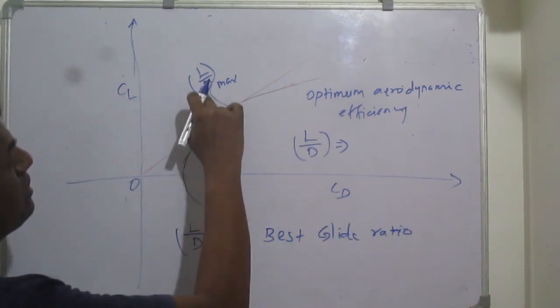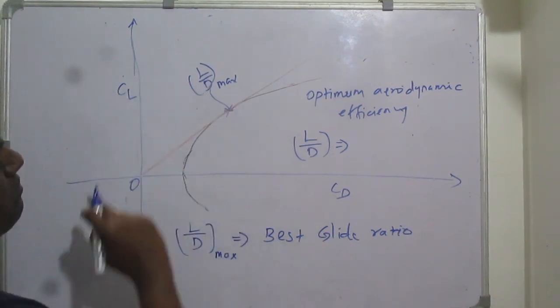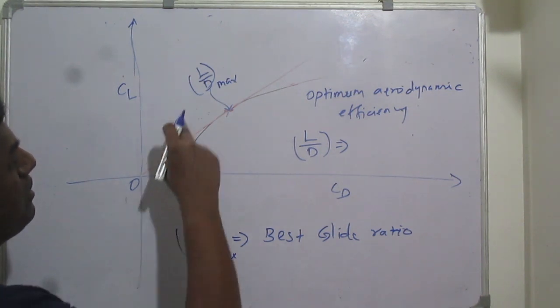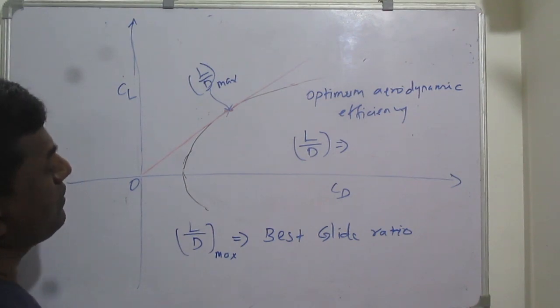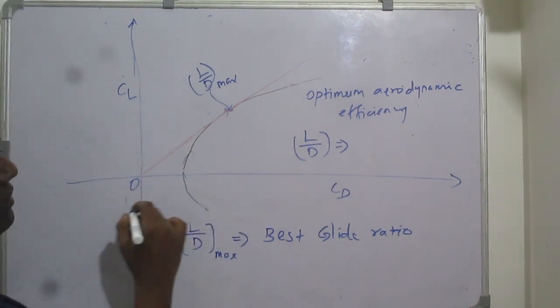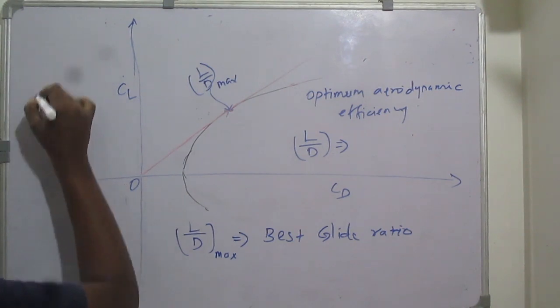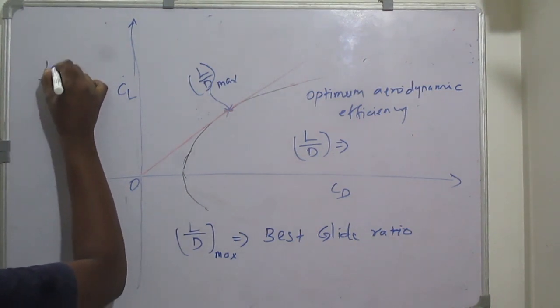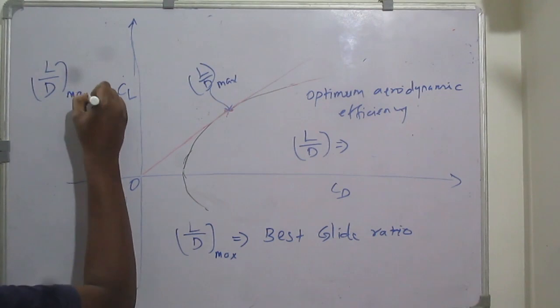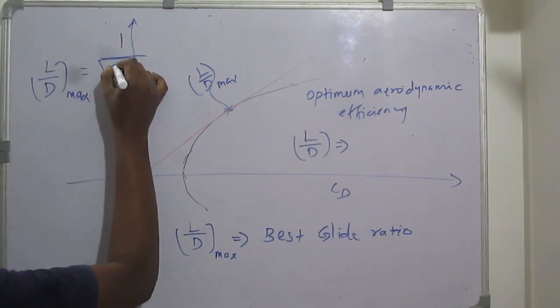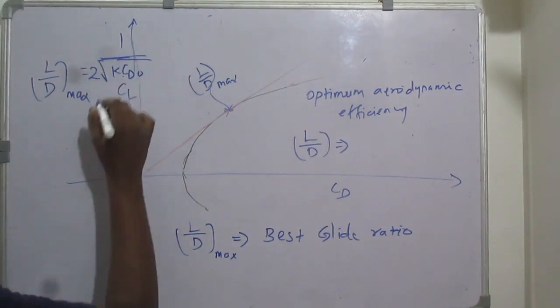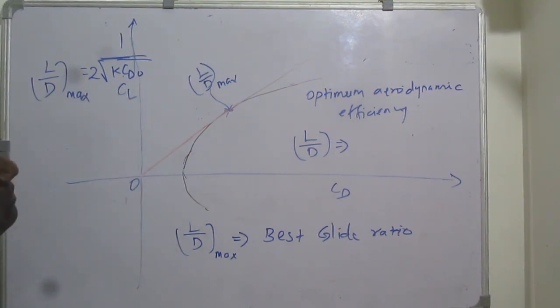This is how we achieve the maximum L by D ratio from the graph, and theoretically we have seen how to achieve the L by D ratio max. Based on the theory, that is 1 by the square root of 2 K CD naught, which we saw from the derivation.